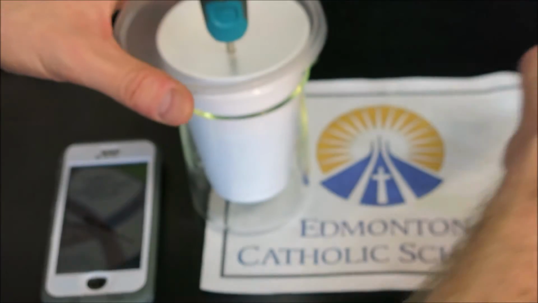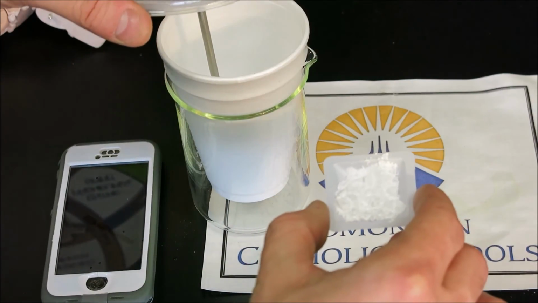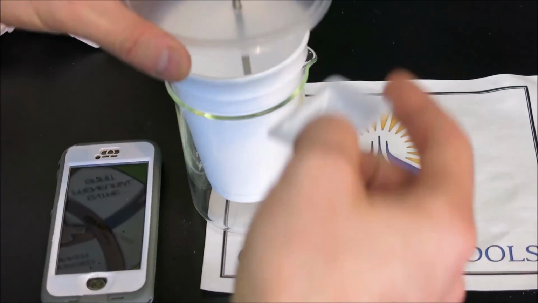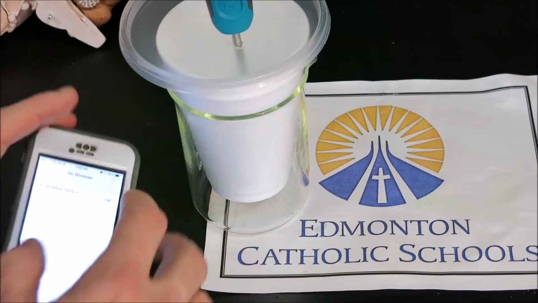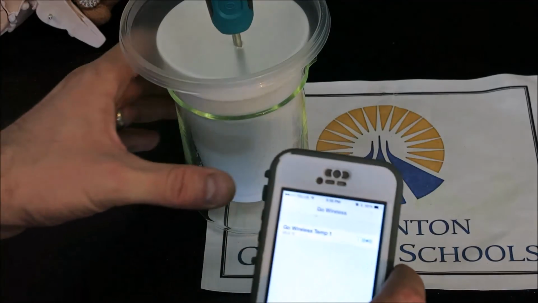We will then take our 0.98 grams of magnesium oxide and dump it into our reaction flask here, and we'll start our graph.